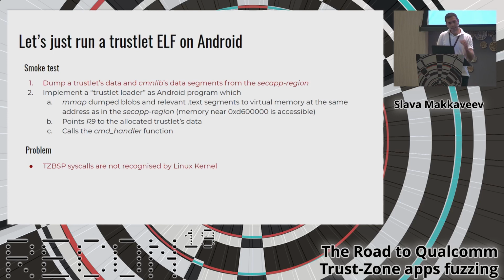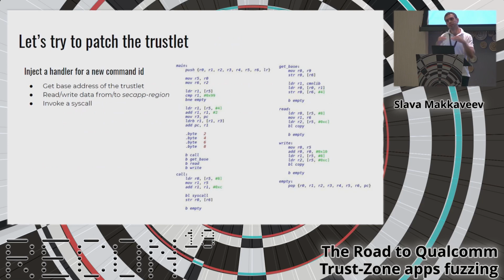And the solution is to load a patched trustlet instance in the secure world and make it do the work for us. In this case, the trustlet loader program can ask the paged trustlet in the secure world to return its base address, to dump itself, or to invoke a syscall.